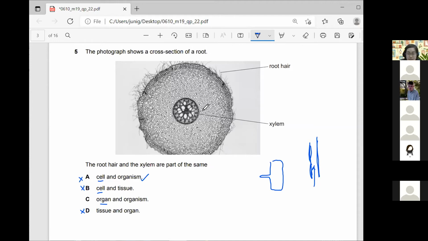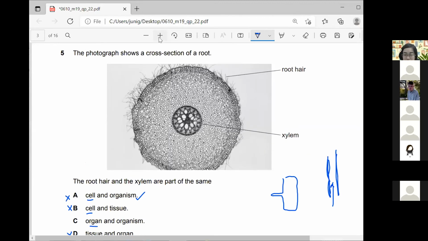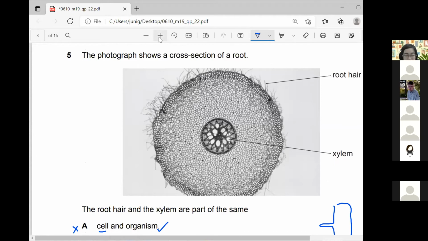Which one is the phloem? Very small, eh? Wait, so many questions. Okay, so the phloem here cannot really see properly lah, but the phloem should be this one over here.